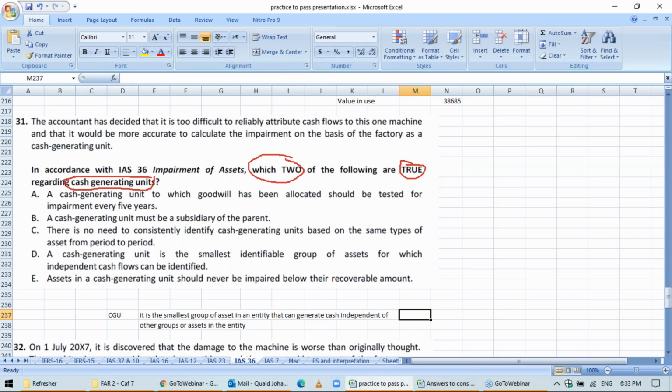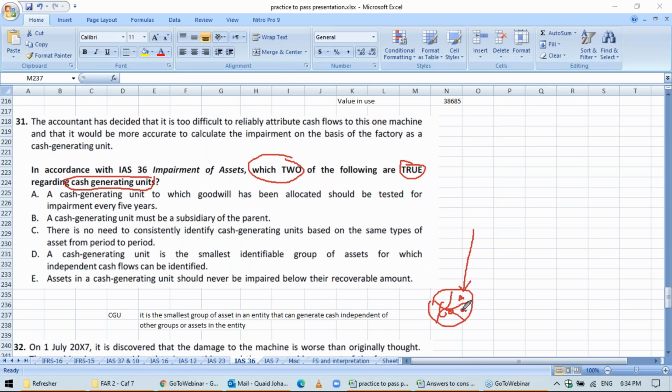So there can be many small groups generating revenue for the company. And if I show you using a diagram, suppose this is a company, an entity, right? And there are many small groups in the company. One group has 4 assets, and using just those 4 assets, it can generate revenue.